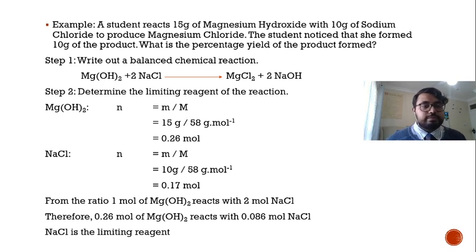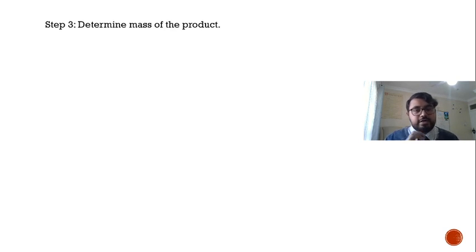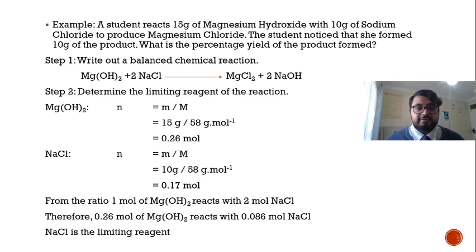Okay, so step 3 of percentage yield, we now determine the mass of the product. We have to use the moles of our limiting reagent. So we look at NaCl, and 1 mole of magnesium hydroxide reacts with 2 moles of NaCl, and the product we're looking for is magnesium chloride.